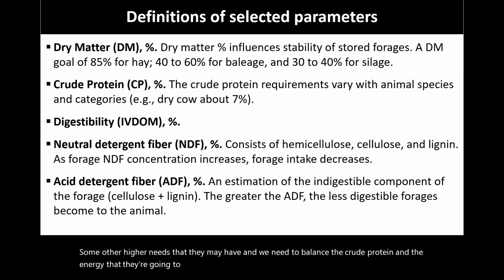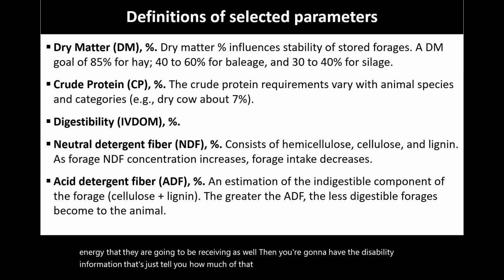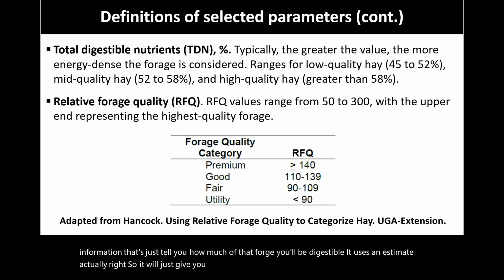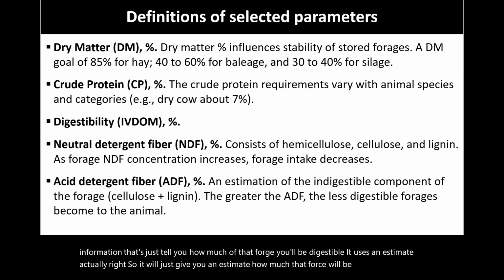Then you're going to have digestibility information that just tells you how much of that forage will be digestible. This is an estimate, actually, right? So it will just give you an estimate of how much of that forage will be digestible by the animal.